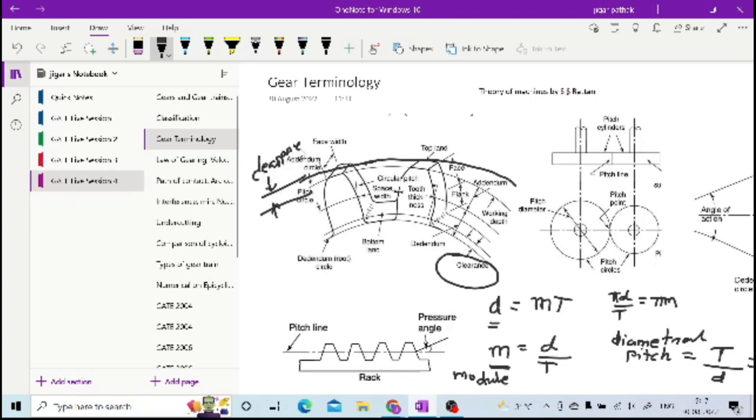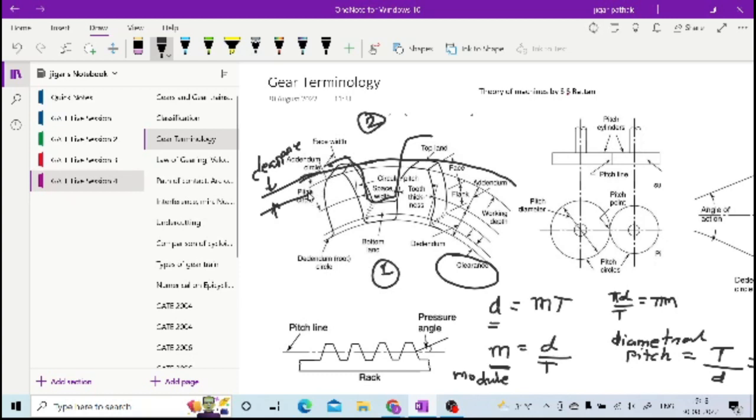So from here you will have the dedendum, and the teeth of gear 2 will be there, and you can consider this as gear 1. This is the base circle, or what we can say is the dedendum circle.